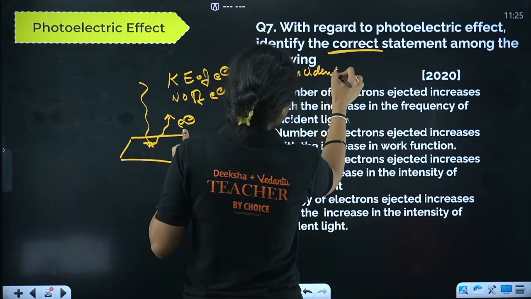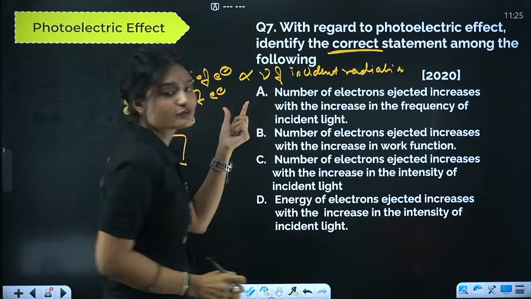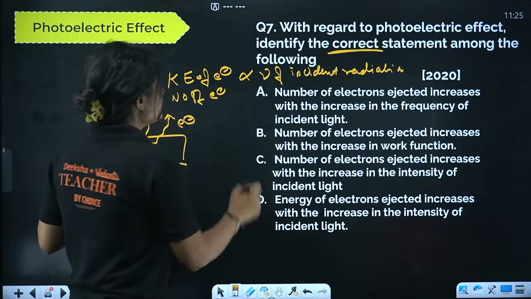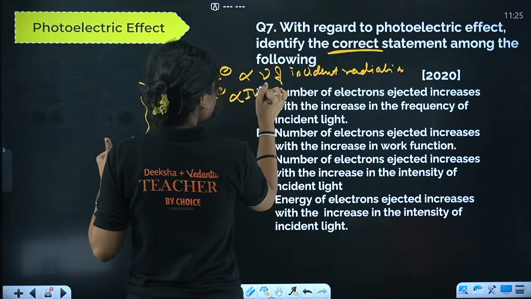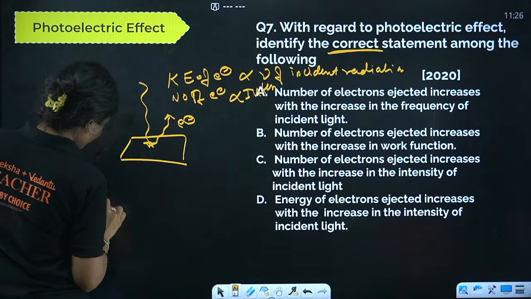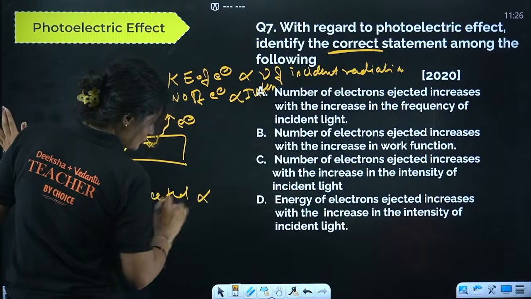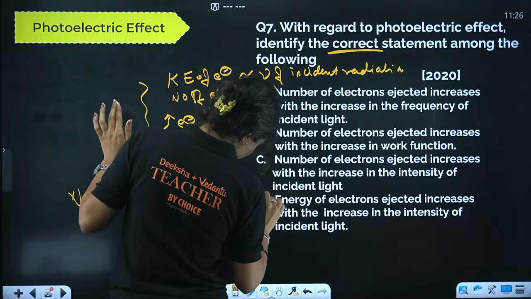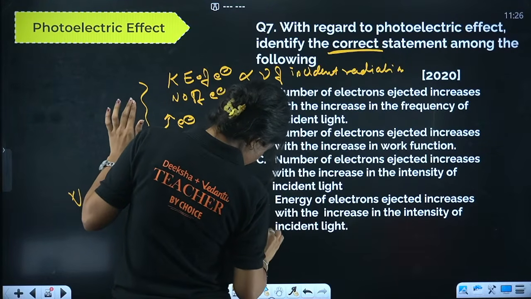And the number of electrons ejected from this surface is directly proportional to the intensity of incident radiation. So which is the correct answer here?